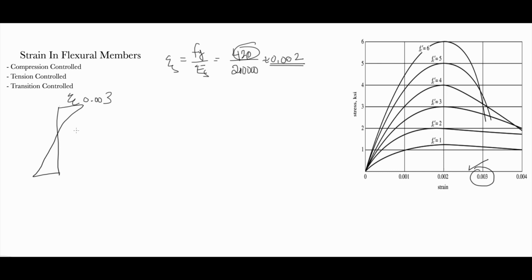The distance from the neutral axis to here we call c, small c, which is the distance for concrete compression, and from here to here it's d, which is the beam depth. So this will be d minus c.